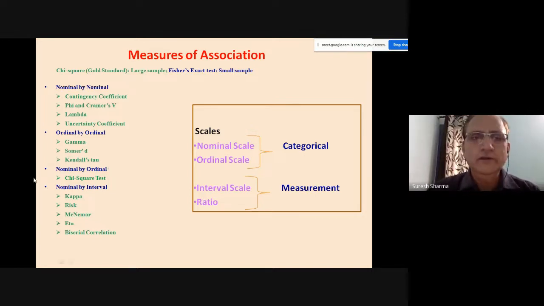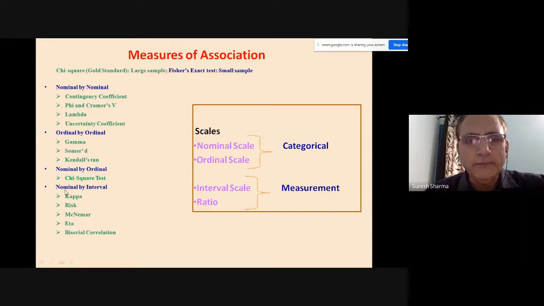Of course, when one variable is nominal and another is ordinal, you can apply chi-square. Let's say one variable is gender, which is nominal, and the ordinal variable is socioeconomic class: lower class, middle class, upper class, which can be arranged in order. In such a situation you can use chi-square, no problem with that.